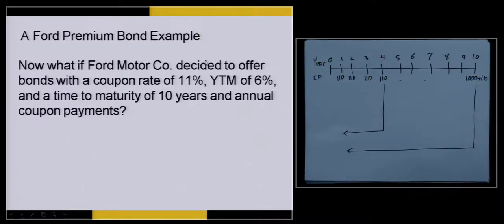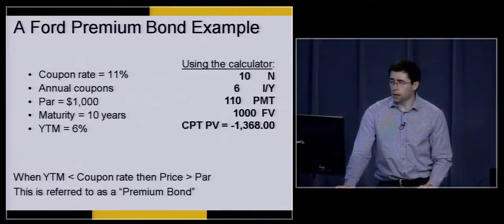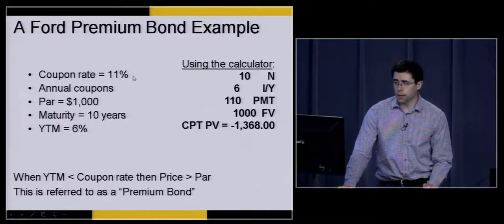Like the previous example, I've gone ahead and already done it. In future examples, I won't always do this. But in this case, our coupon rate was 11%. Because we have annual coupons and our par value is $1,000, our payment is going to be 11% times the $1,000 divided by 1.